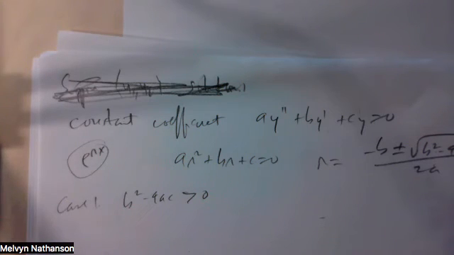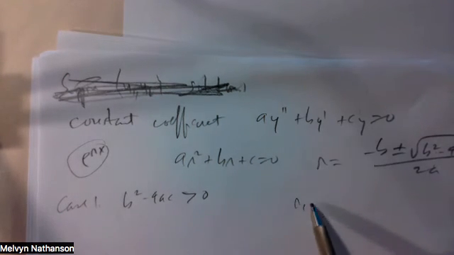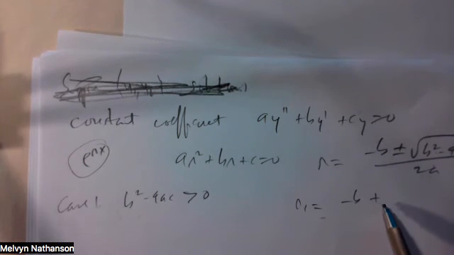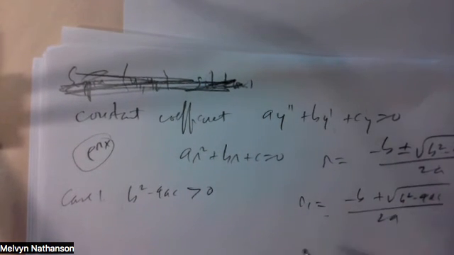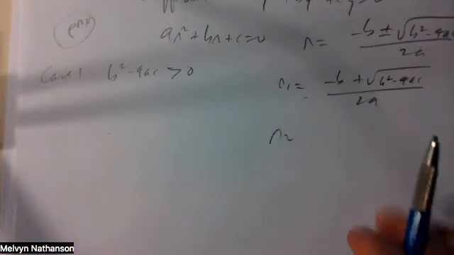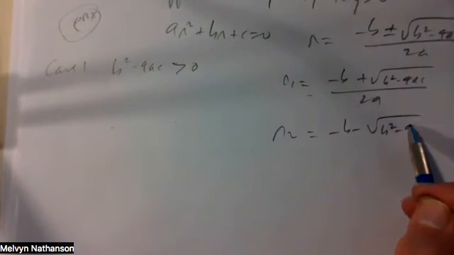In any case, there are two roots. So say R1 is minus b plus the square root of b squared minus 4ac over 2a. And R2 is minus b minus the square root of b squared minus 4ac over 2a.